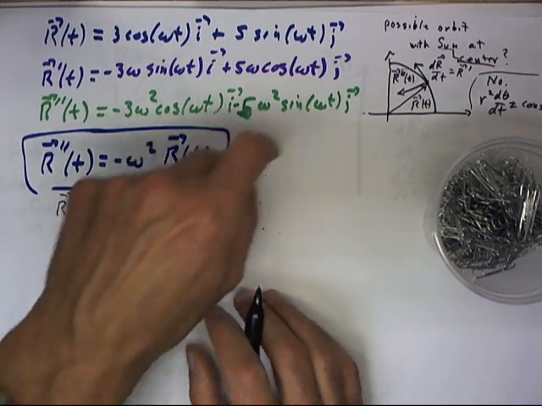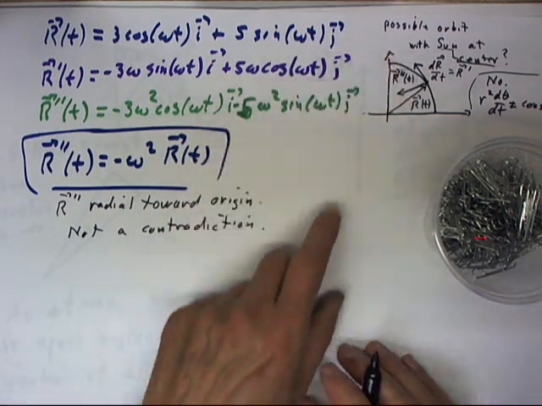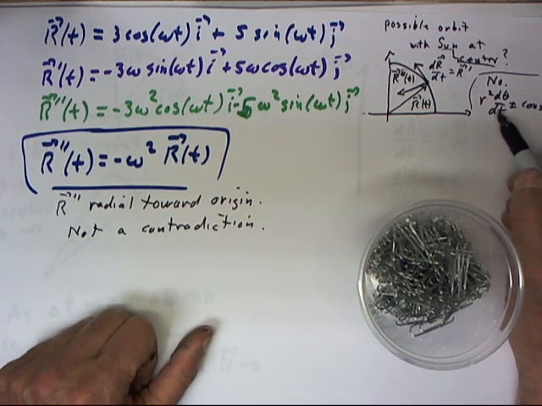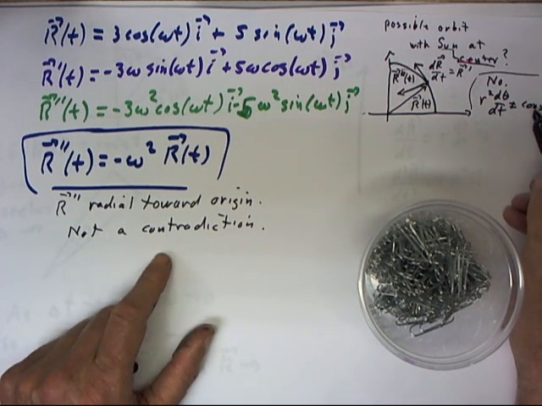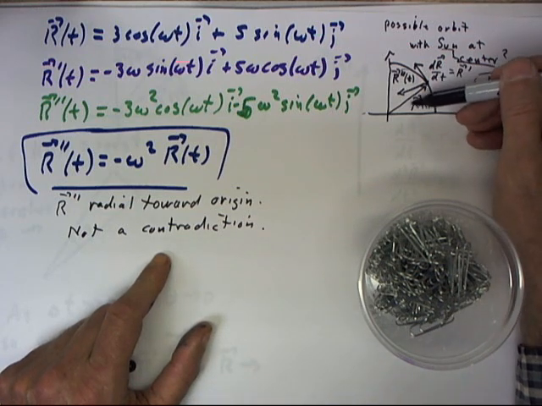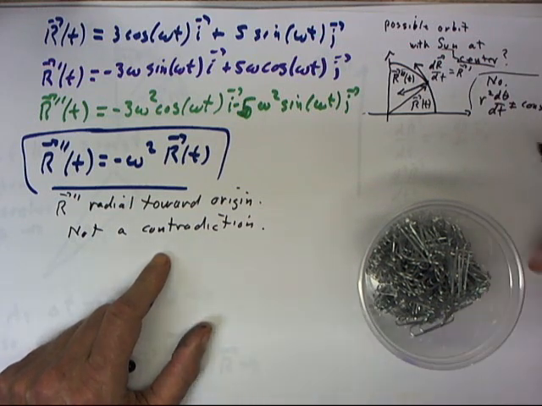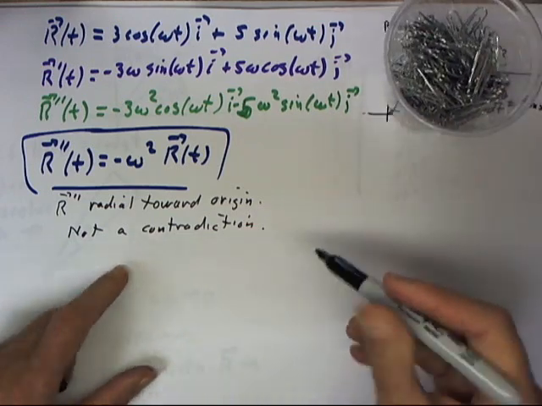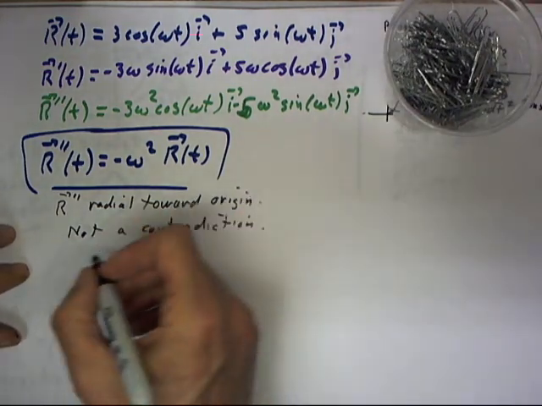Now, does this guarantee that this is a possible orbit? Well, you would suspect that since our previous result showed that it couldn't be, the answer is no, but it doesn't contradict the idea of a radial force. So what was the other aspect of this force?